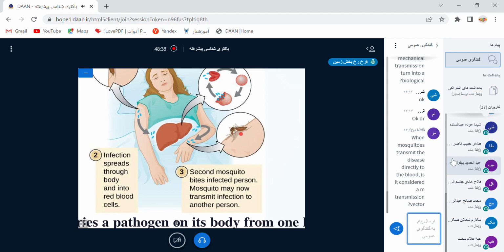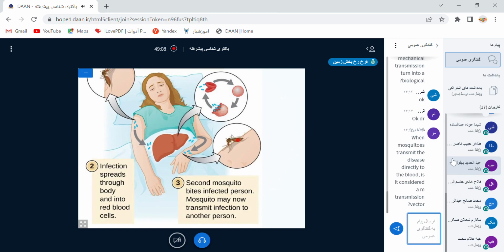Now, this mosquito is without any pathogen, coming only for drinking blood. So when this person is infected, those pathogens go through the alimentary canal of the insect. Secondary, the mosquito bites an infected person. The mosquito may now transmit infection to another person.